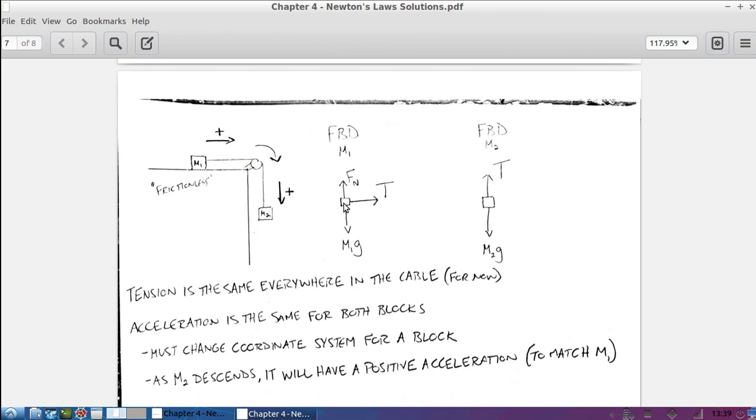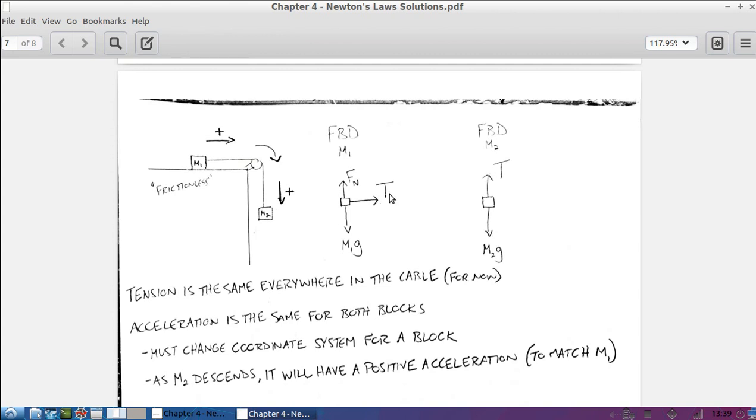There's no friction, so the only force acting in the x direction is the tension. The cable is going to pull M1 in that direction. M2 is suspended in the air, no forces in the x direction. There's just gravity, M2g acting in the negative y, and then there's tension acting in the positive y direction.